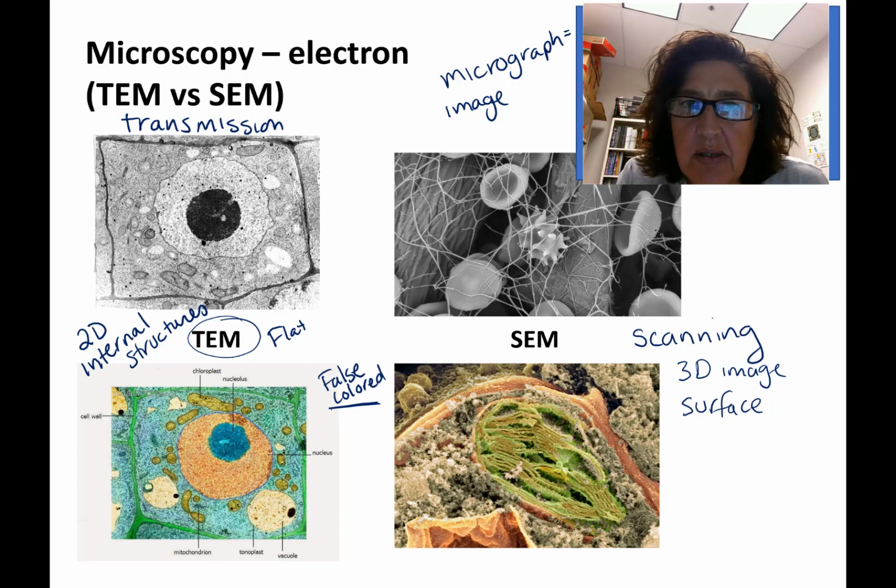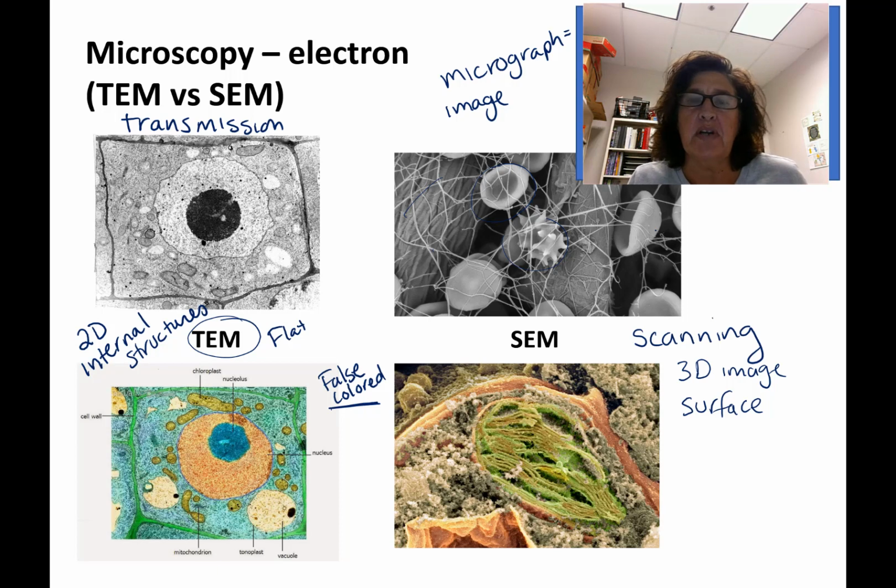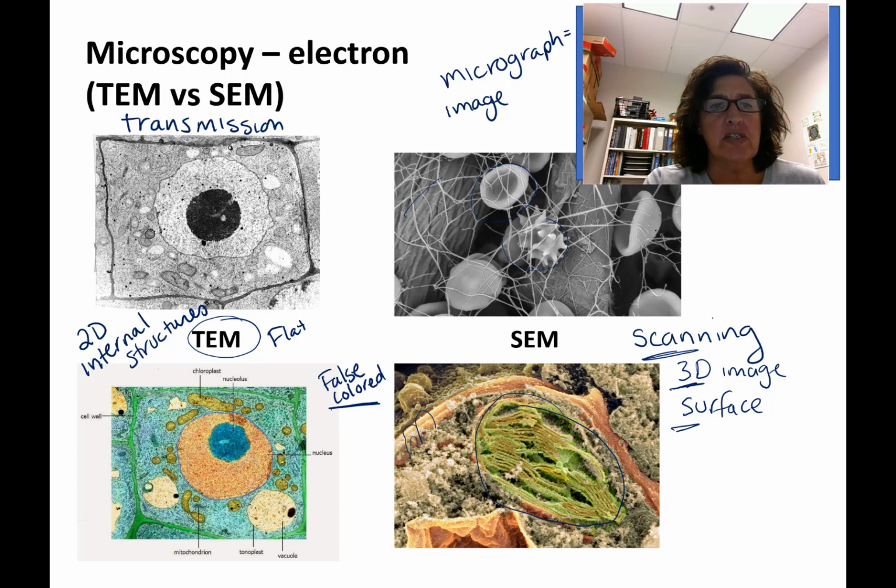Like these are red blood cells and some macrophage and some fibrin in a blood clot. This is a chloroplast. So we're still seeing internal structures, but you can see how it's like 3D. You can kind of envision the thickness and the depth. So scanning is going to give you a 3D surface image. Transmission is going to give you this 2D flat, but it's all about details.